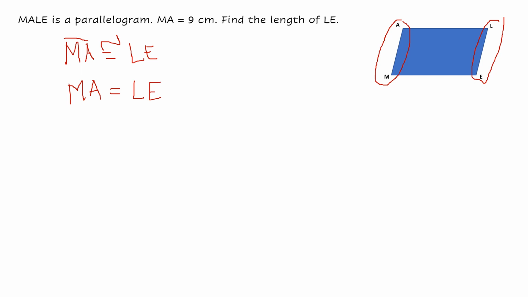And MA is 9 centimeters. So since MA is equal to 9 centimeters, then LE is also 9 centimeters. So therefore, the answer is the length of LE is 9 centimeters. And that's the answer.